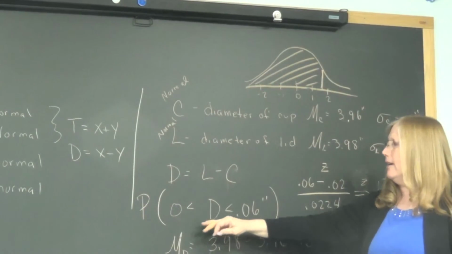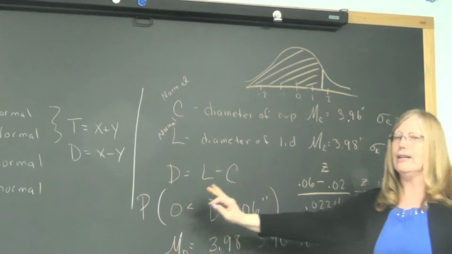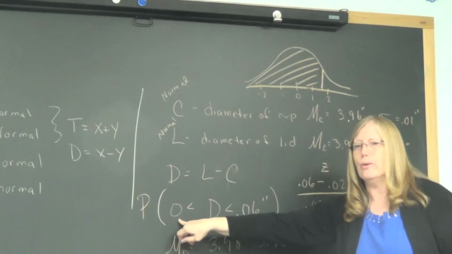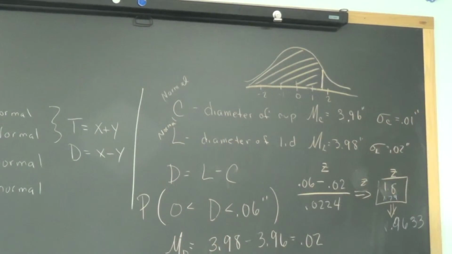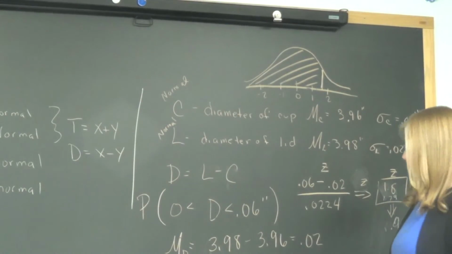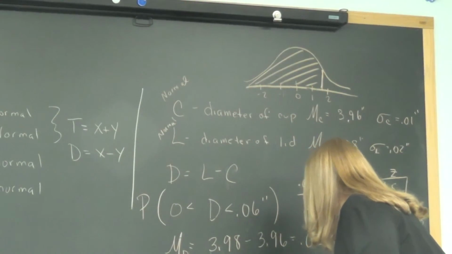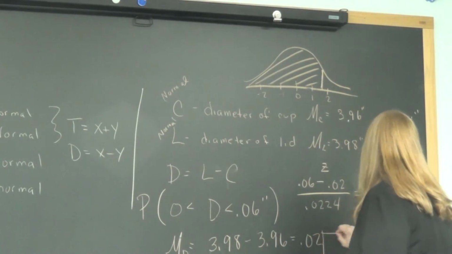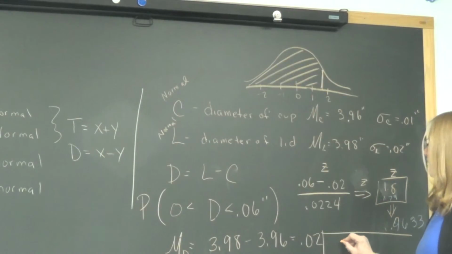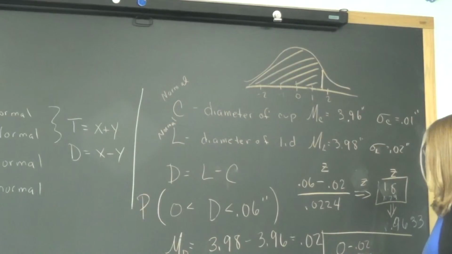We don't want that area. We want the area between here and here. So we have to get a z-score for 0. Let's do a z-score for 0. The z-score is 0 minus 0.02, divided by 0.0224.